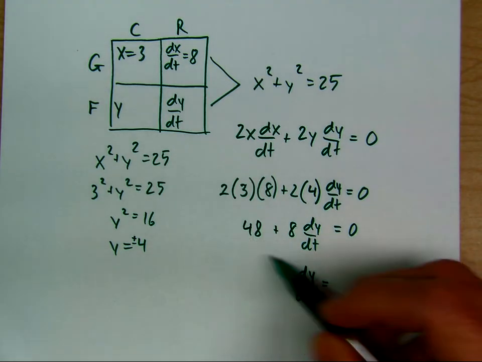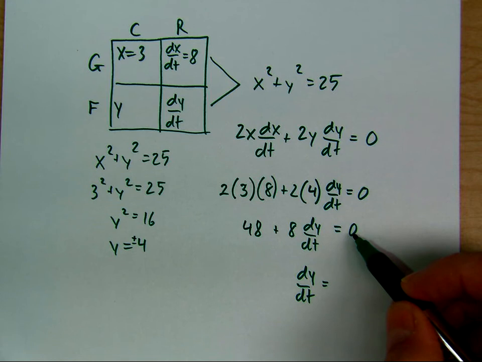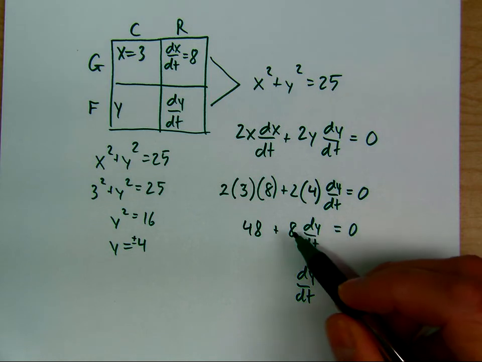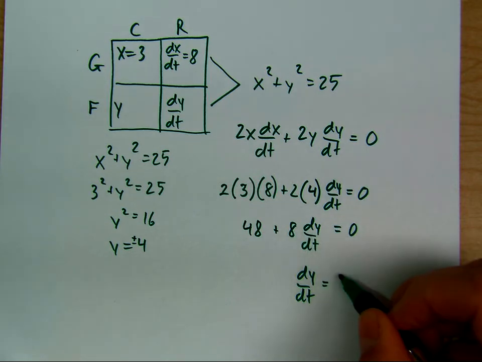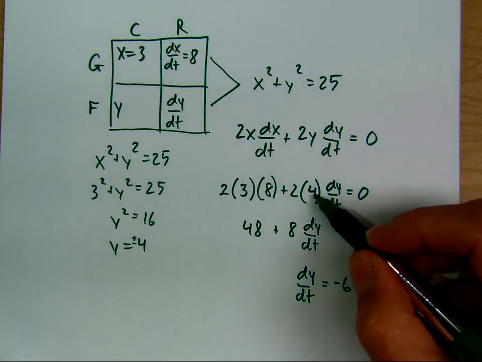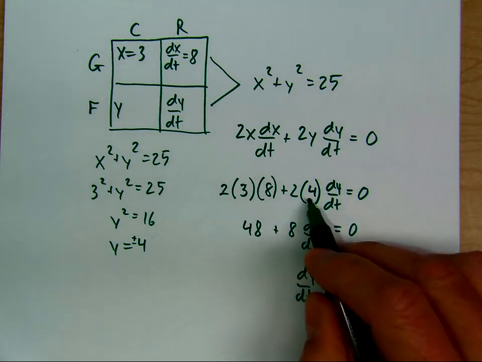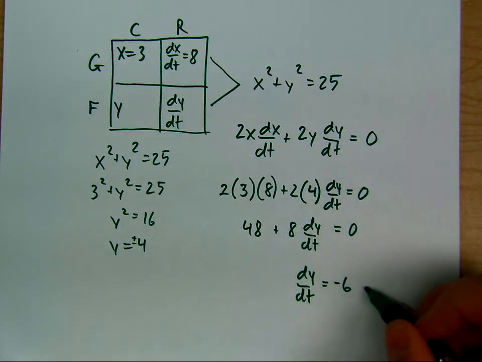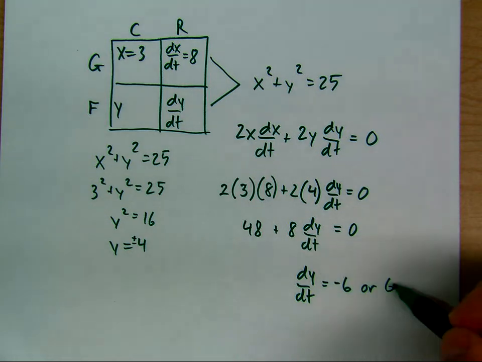And we'll subtract 48 and divide by 8, so that's negative 48 over 8, negative 6. We have the positive 4. Well, if we had the negative 4 over here, put a negative in there, that would be a negative, and that would give us a positive 6.